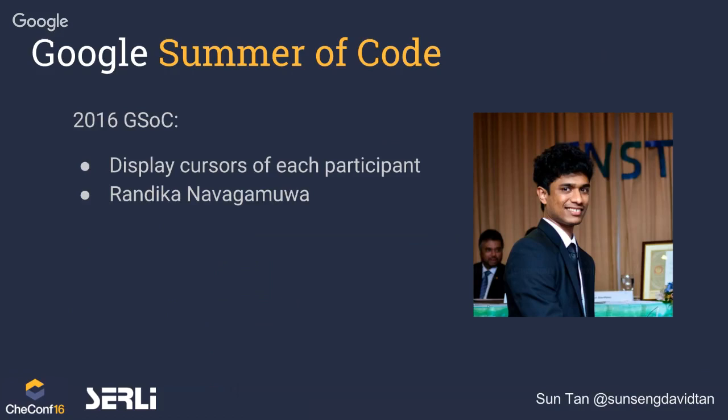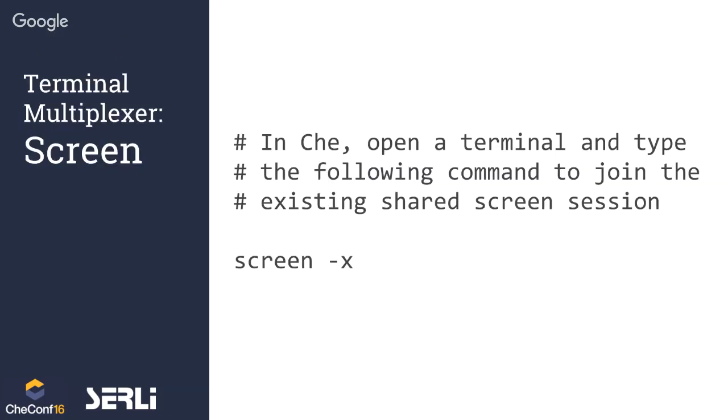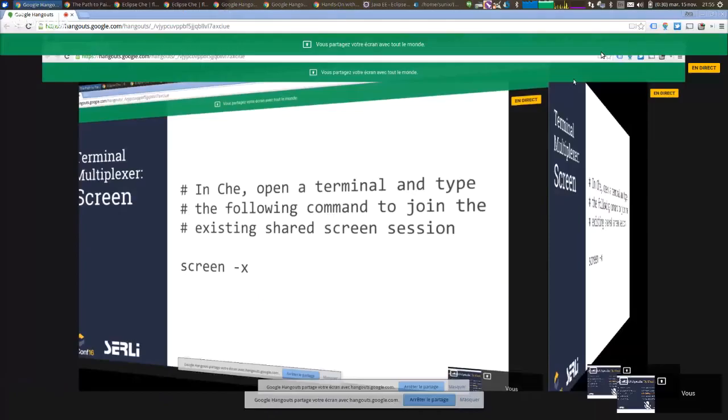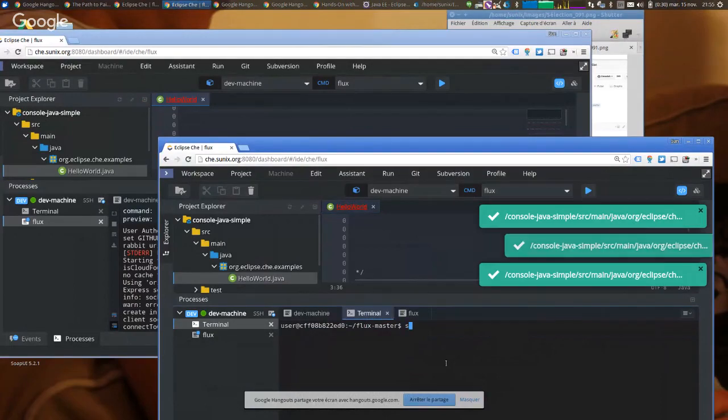Because we are getting almost at the end, I'm going to show you what we can do with the terminal in Che. For instance, if you want to show someone how to use Git in the terminal, what we can do is use one of the Linux terminal multiplexers. There are several: there's Tmux and there's Screen. So if you use Screen, I'm going to go back to Che, open a new terminal, and launch screen.